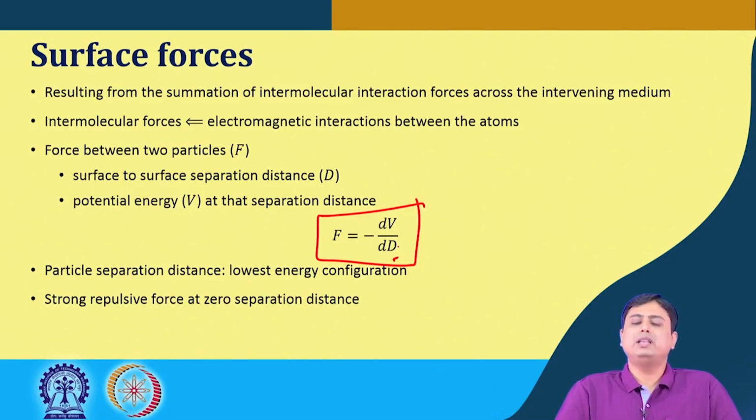If we try to penetrate one surface with another, there is a strong repulsive force, and that is the reason that in a certain space there can be only one molecule.